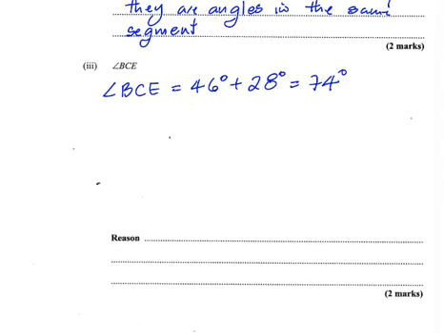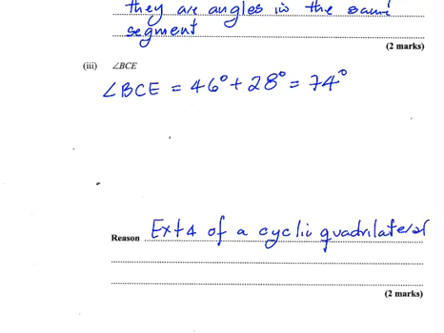Alright, and the basic reason for that is that the exterior angle of a cyclic quadrilateral is equal to the opposite interior angle.